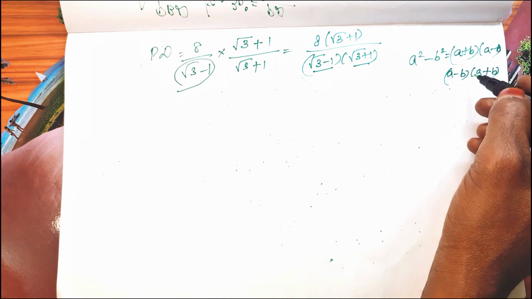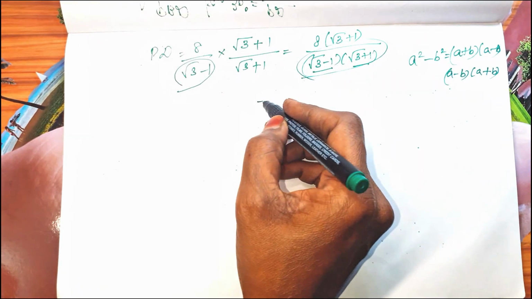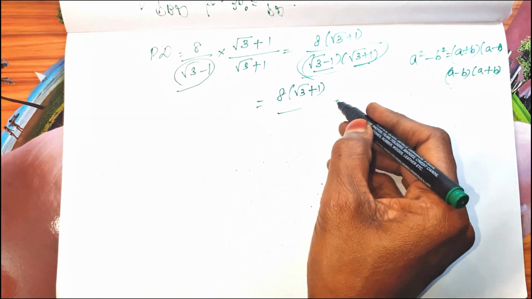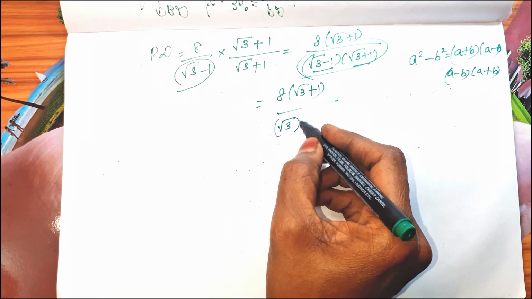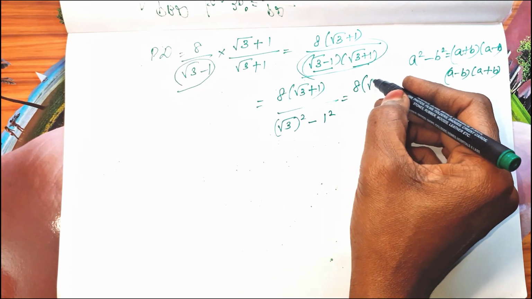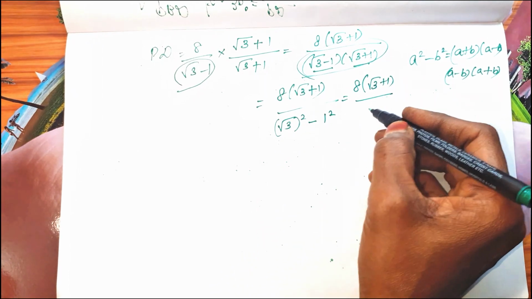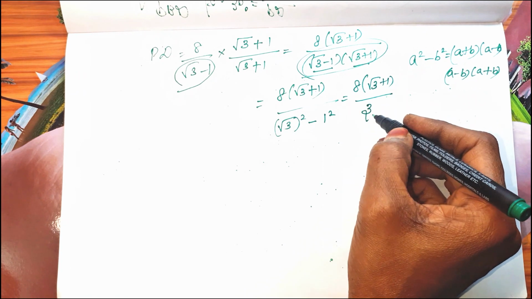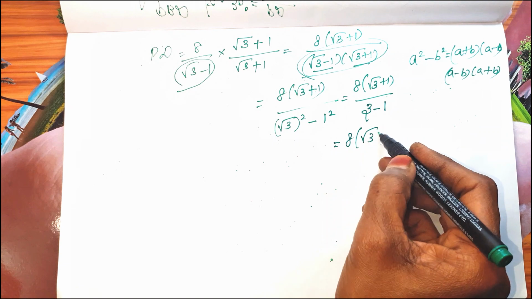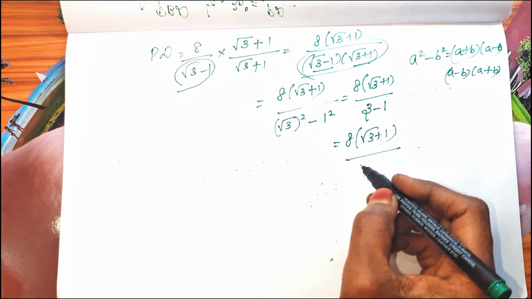Both are the same. So I can rewrite that as root 3 the whole squared minus 1 squared, which is equal to 8 into root 3 plus 1 by 3 minus 1, which is 8 root 3 plus 1 by 2.